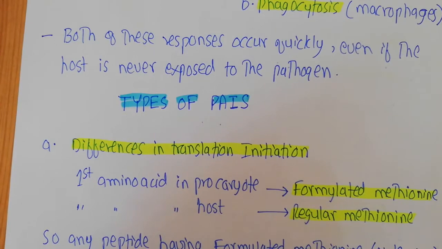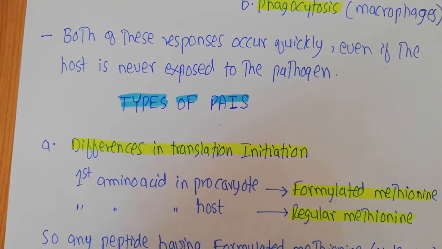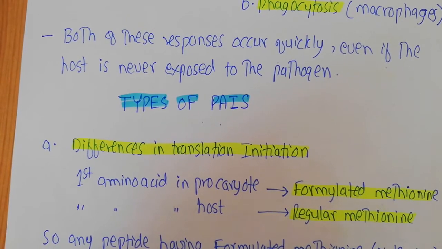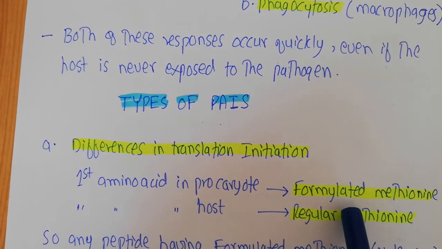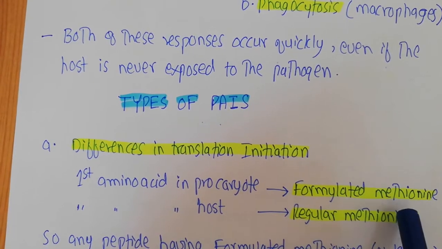When a pathogen, for example a bacterium, enters the host cells, one of the phenomena by which the immune system can recognize it is the difference in the translation initiation of prokaryotes and eukaryotes. In prokaryotes, the first amino acid is a formylated methionine.